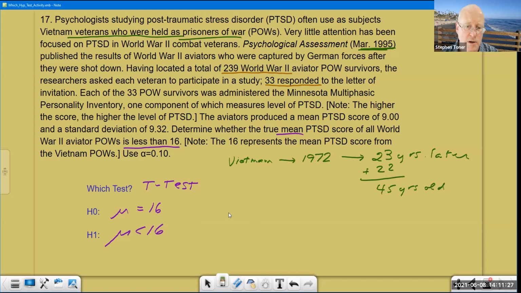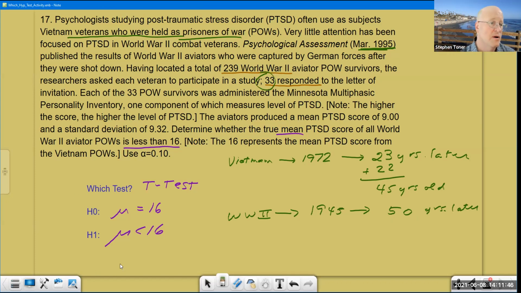When you start looking at World War II, however, which ended in 1945, this is going to be 50 years later. Right off the bat, that might explain why we've only got these 33 respondents. But it was also that these guys were aviators, they were pilots.